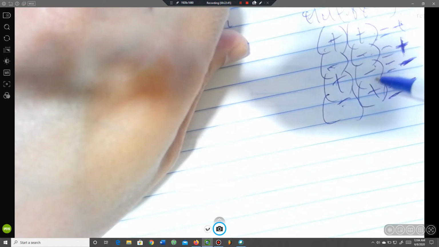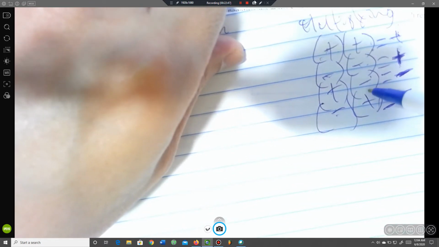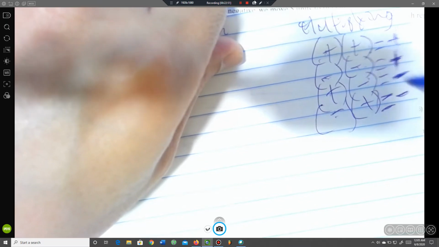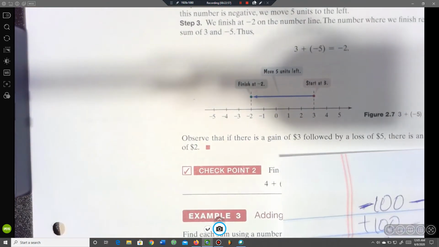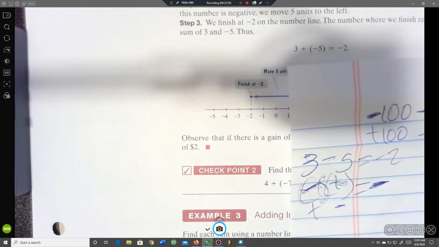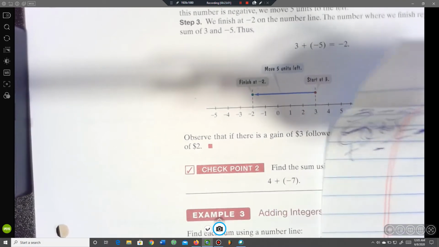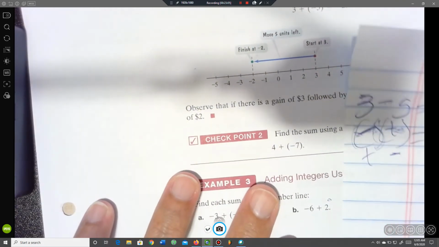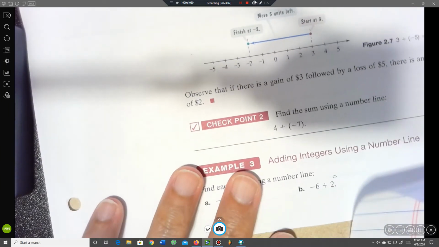Two negative signs, you get a positive answer. When you multiply with at least one negative sign in there, your answer is negative. This is part of a different lesson, but I'm introducing it here because we need to start getting used to it.